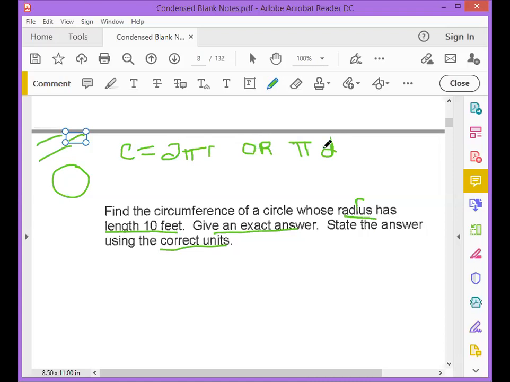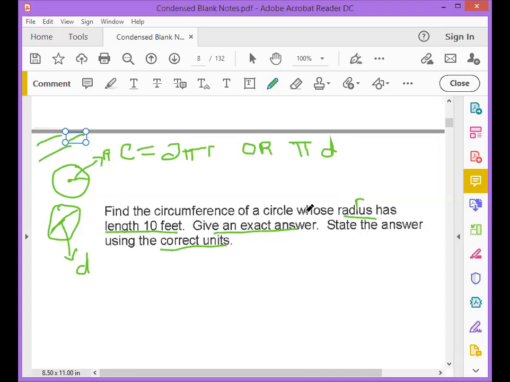R is for radius and d is for the diameter of the circle. So when you have a circle, every circle has a center point. The length from the center to any end point is your radius. The length across the circle through the center, that's your diameter.